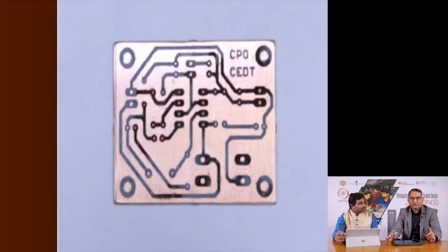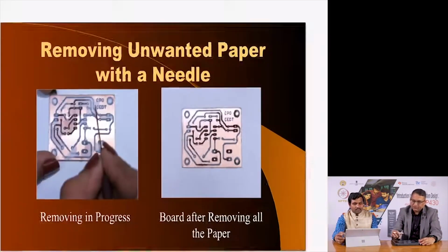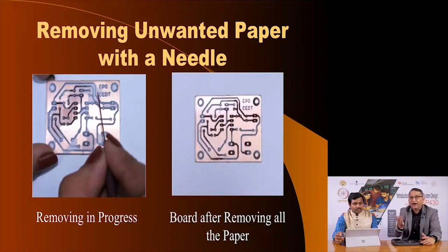This print will resist any acidic reaction from a chemical that we are going to use, and so it will protect the copper underneath the black tracks or black print that you see. The copper underneath will be protected.